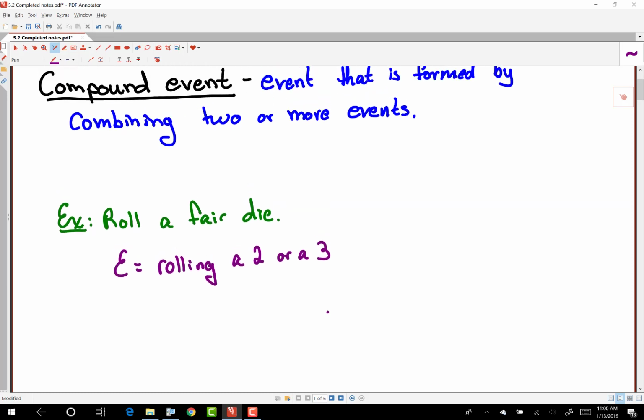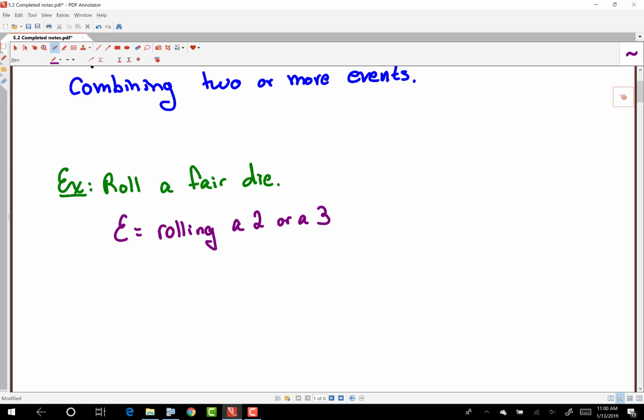And what we want to look at for the general addition rule is the probability of A or B occurring. And this word "or" is super important. That's when you know that you're going to be using the addition rule, which I'll get to in a second.